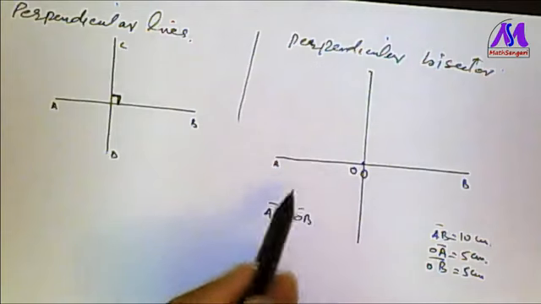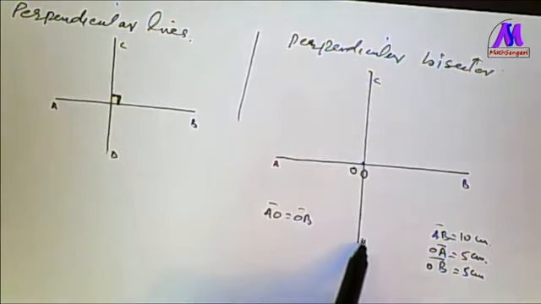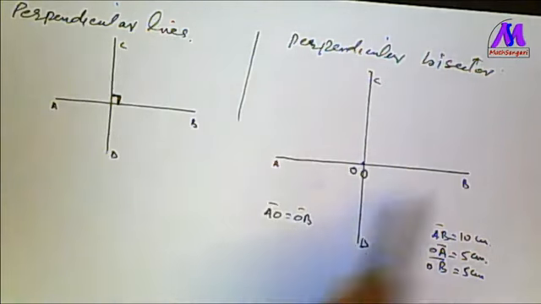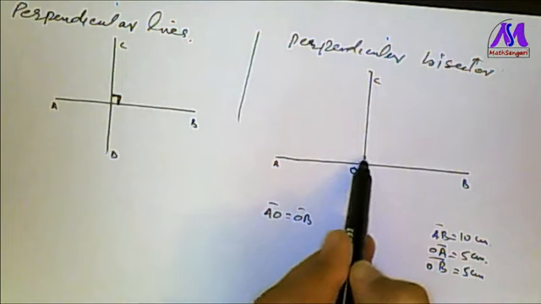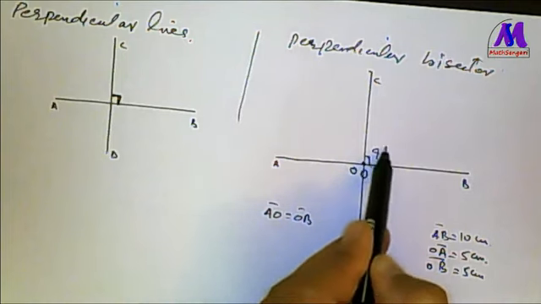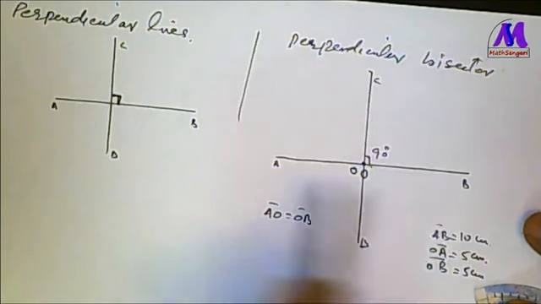So when another line, CD, intersects line AB at the midpoint and makes an angle of 90 degrees, CD bisects line AB.